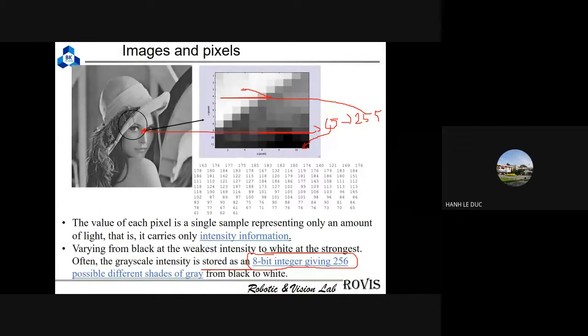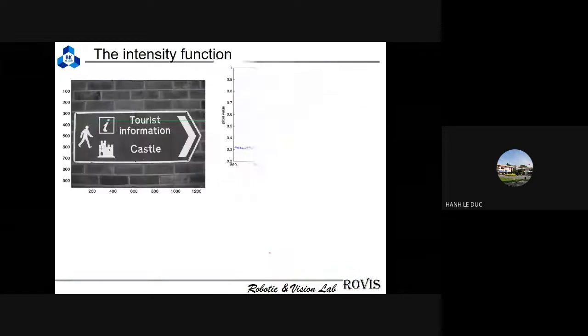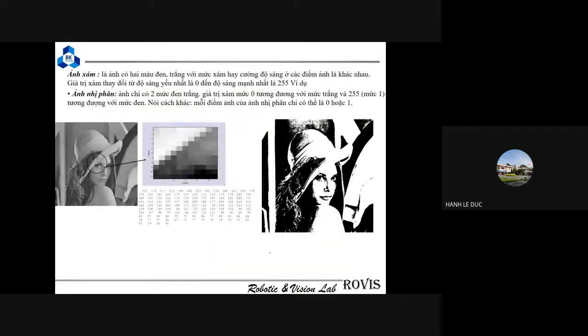Another is the binary image. Here, this is the grayscale image, and this is the binary image. It's similar to digital. A binary image is just black and white. It doesn't have values in between.